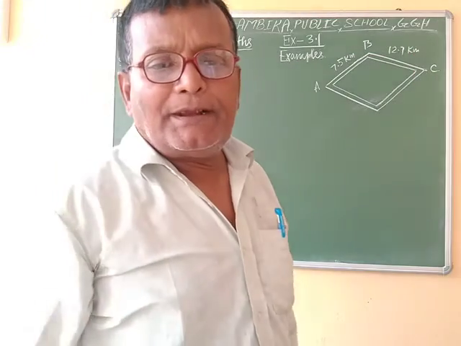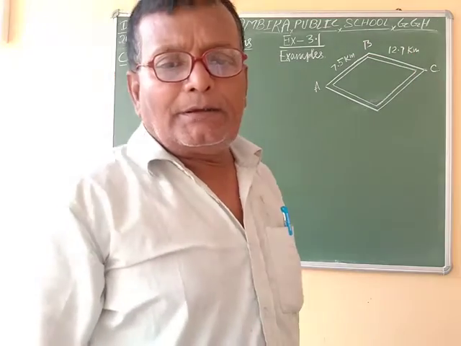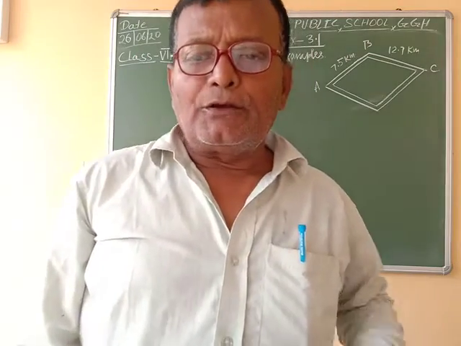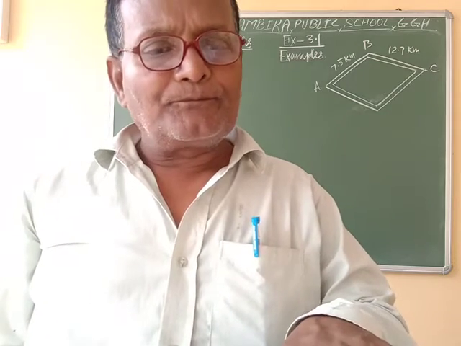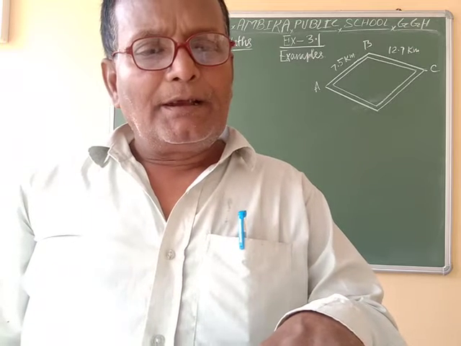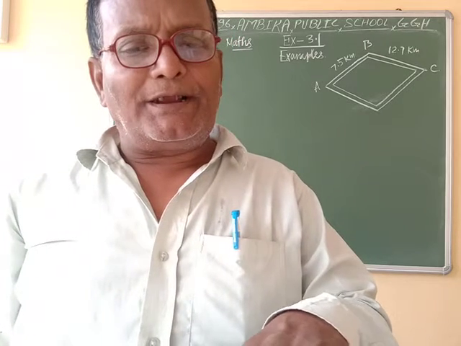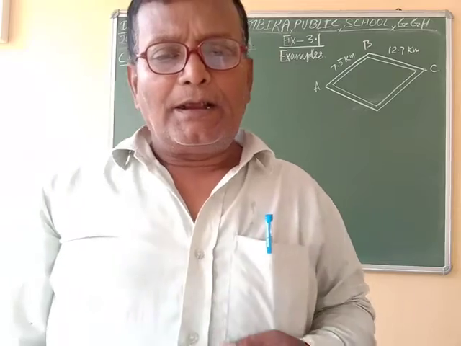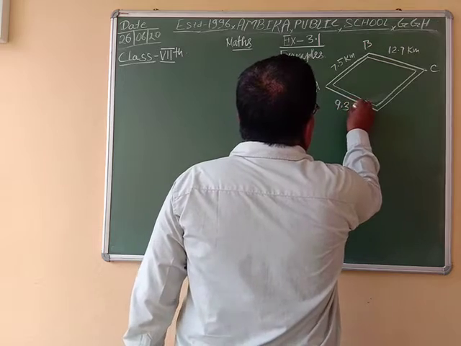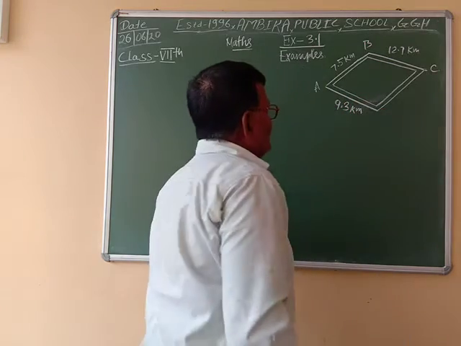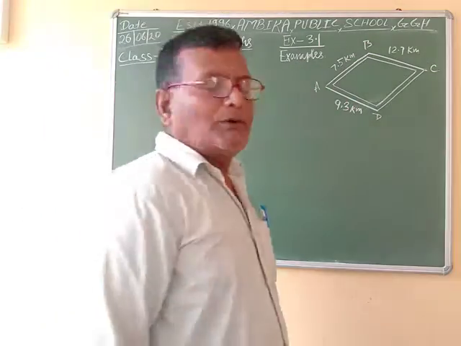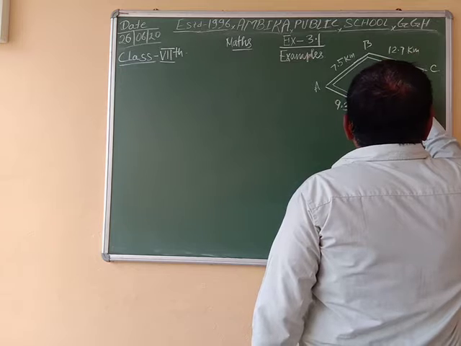The distance between A and D: Ayub went from place A to D and from there to place C. D is 9.3 kilometer from A, and the distance between D and C is 11.8 kilometer.